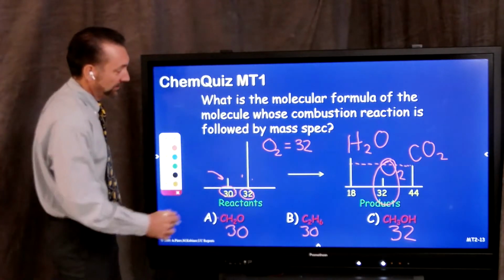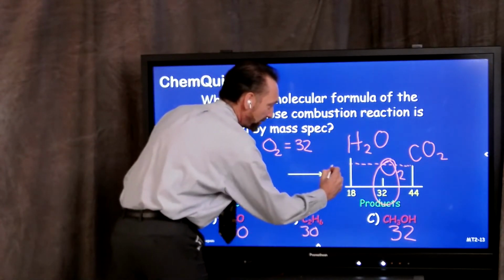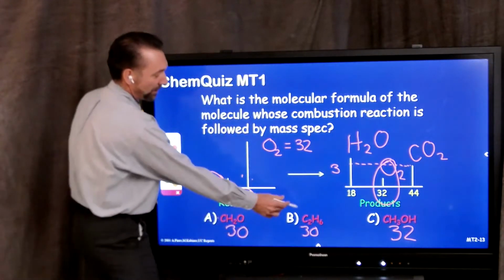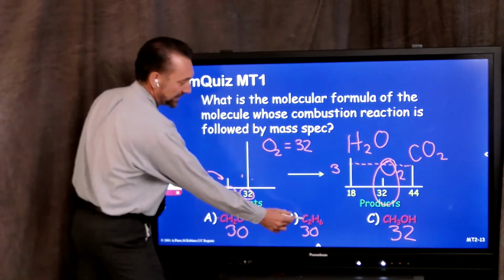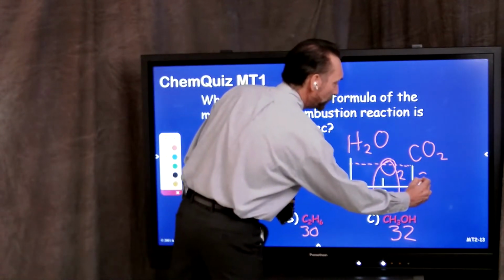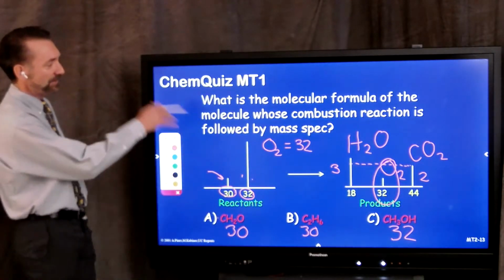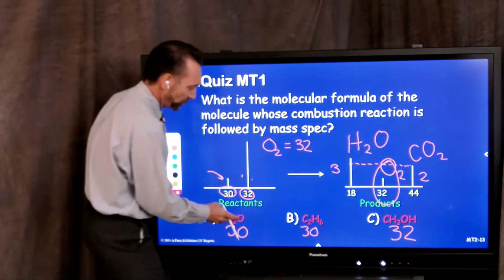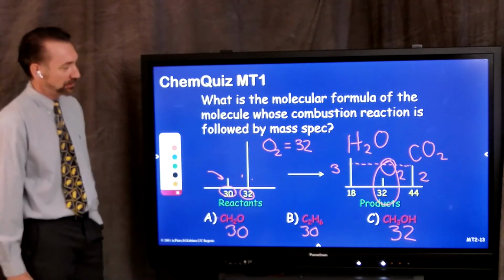So you would say, well, I would have then 6, that would make 3 water molecules. The carbon dioxide, each one of those has to make 1 carbon dioxide. So 3 to 2 would be about right. That doesn't look like 3 to 2. Could work out for the others what that would look like.